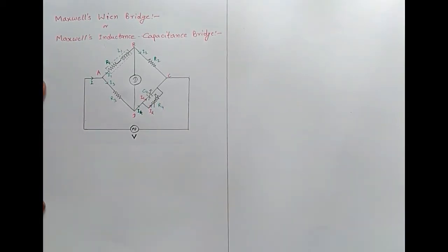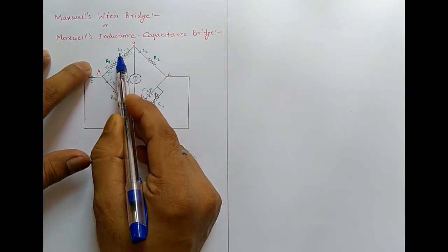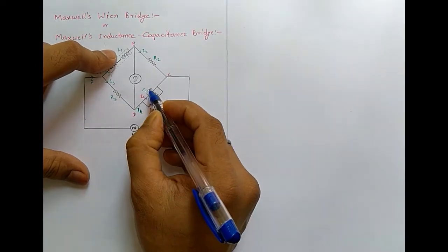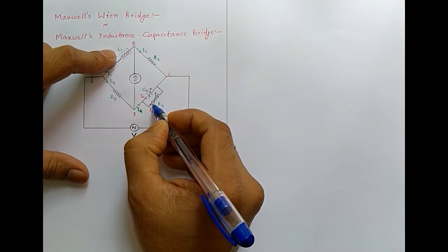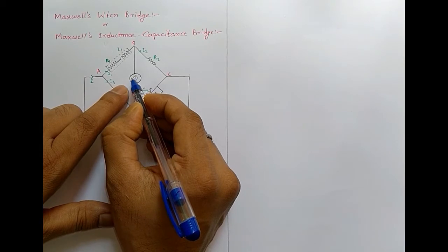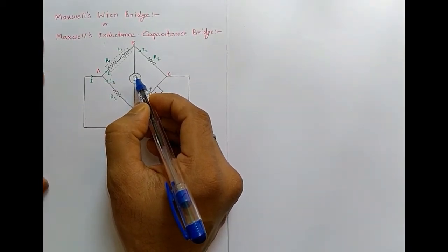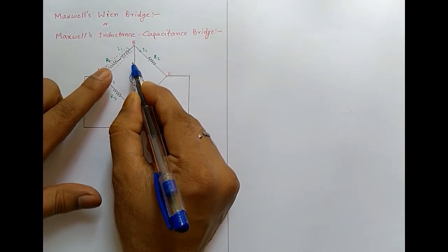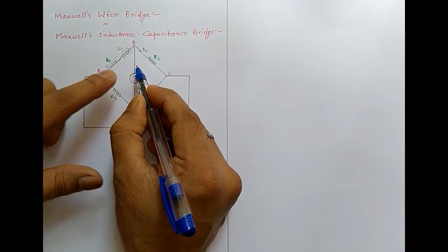For measurement of the inductance of this unknown inductor, we have to vary this capacitor as well as the variable resistor, such that there is no deflection in the sensitive AC galvanometer, audio amplifier or microphone, that means no current flows through the deflecting device.